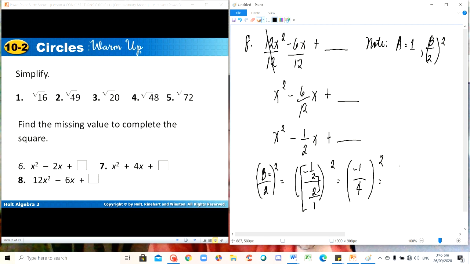Negative 1 squared is positive 1 and 4 squared is 16. So this is the number to be added to complete the square: 1 over 16. What is this in factored form? Again, you get it from b over 2, so that's x minus 1 over 4 squared.